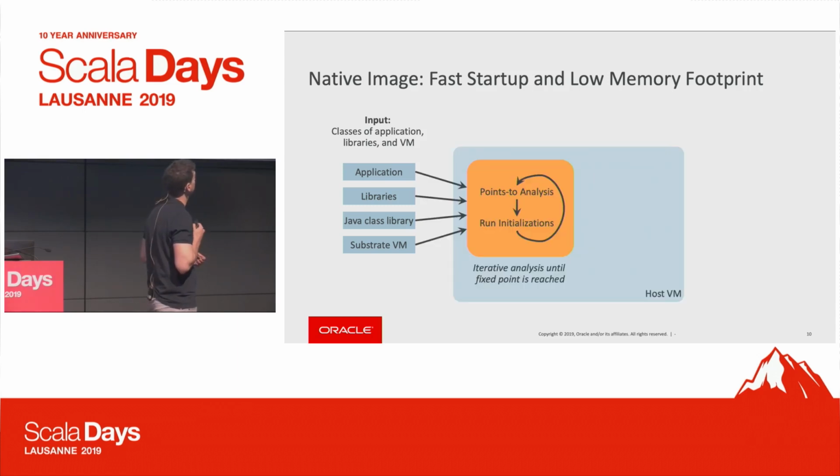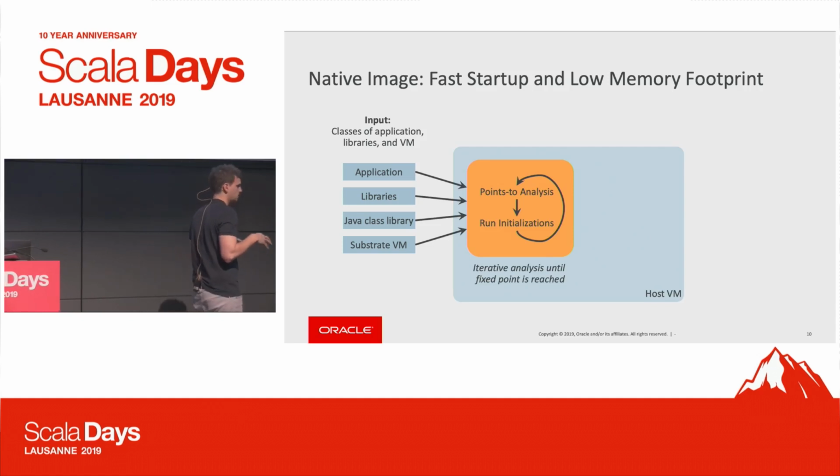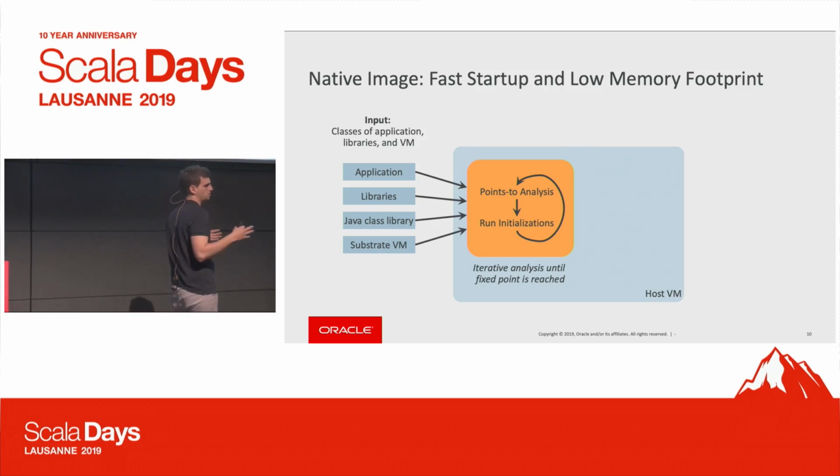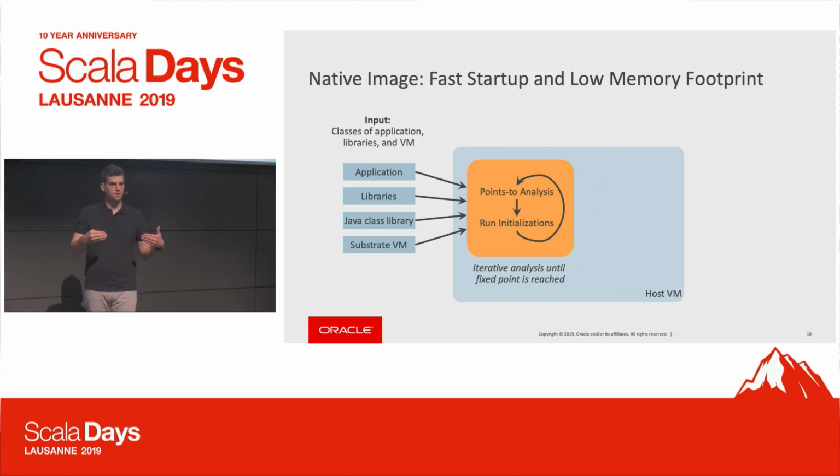Then what we do inside of Native Image is an iterative analysis. It's a variation of a points-to analysis, which tries to see which code from all of these is reachable, right? So with what you are using, even if you're not using some fields, it will just kick the fields out. You don't need that, right? And then it runs iteratively, and another interesting thing it does is pre-initialize your stuff. So you can run parts of your application ahead of time.